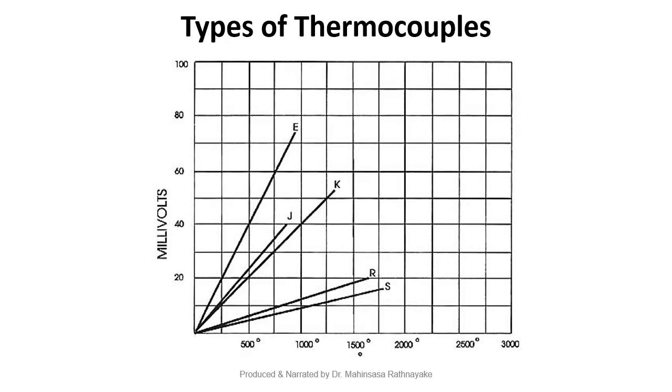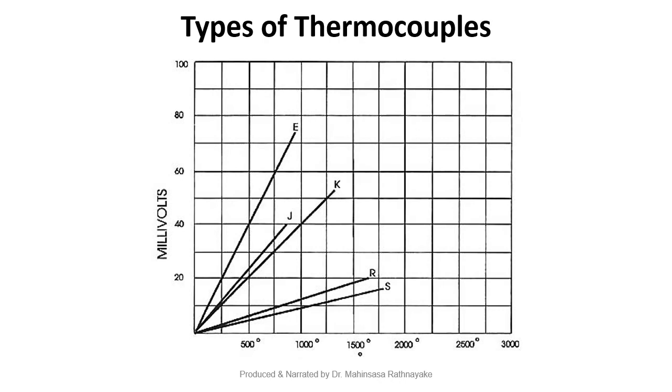An example would be the type E, that is chromel constantan thermocouple, that has a lower temperature measurement range compared to the type J, that is iron constantan. So like that. The coefficient A1 in that equation, when it is larger, the temperature range that can be measured is reduced.